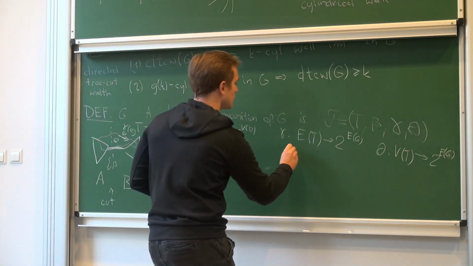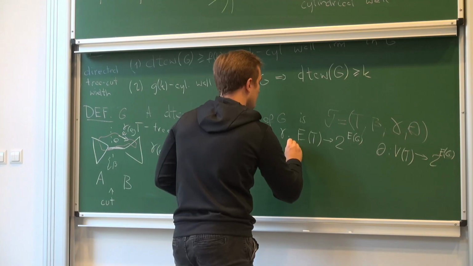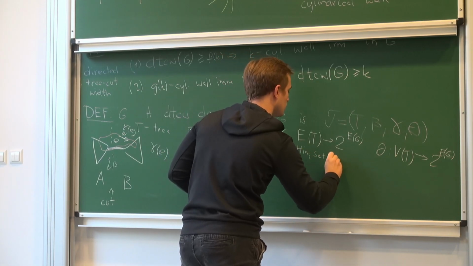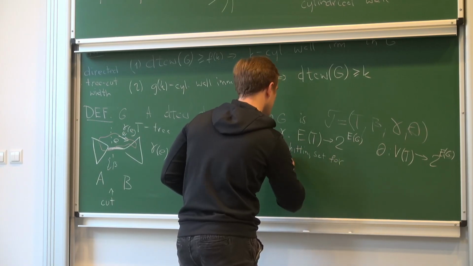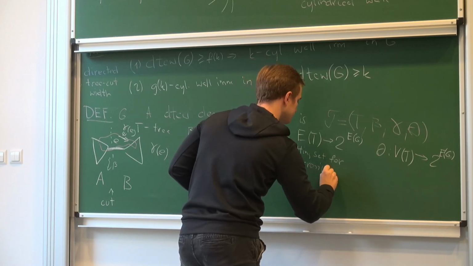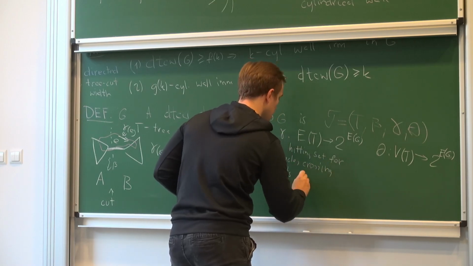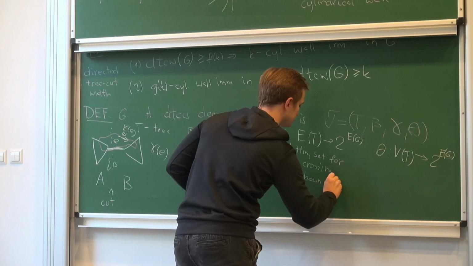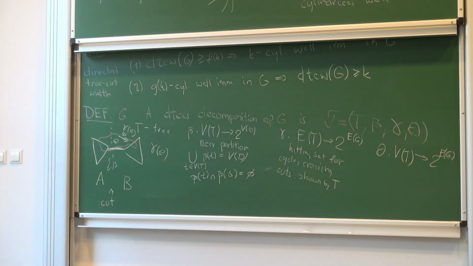So this is a hitting set for cycles crossing cuts shown by T. So in particular, if I had only edges from A to B, this could be empty.